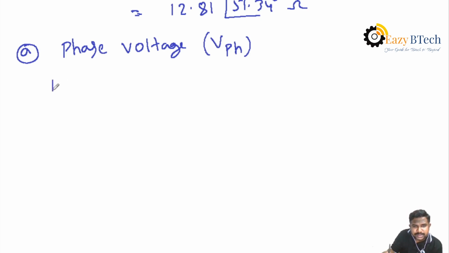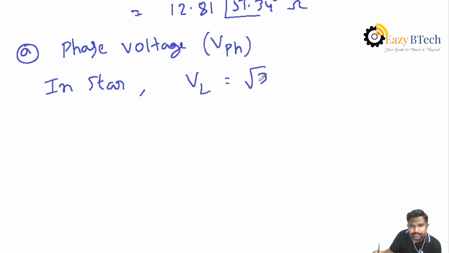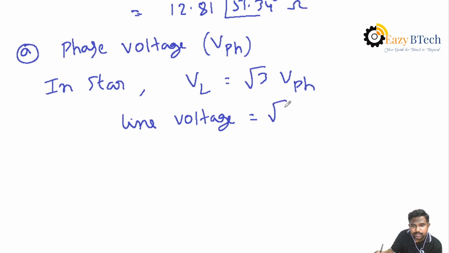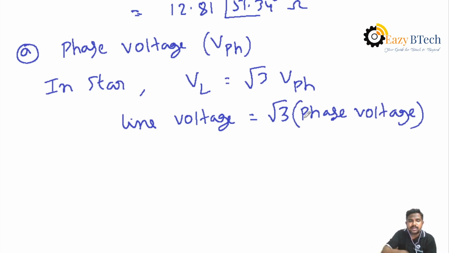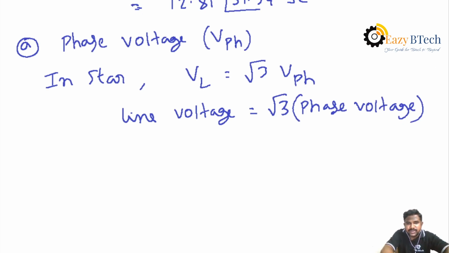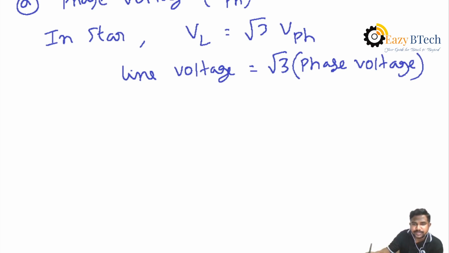That means in star connection, line voltage VL equals root 3 into phase voltage. This is the relation between the line voltage and the phase voltage in case of star connection.